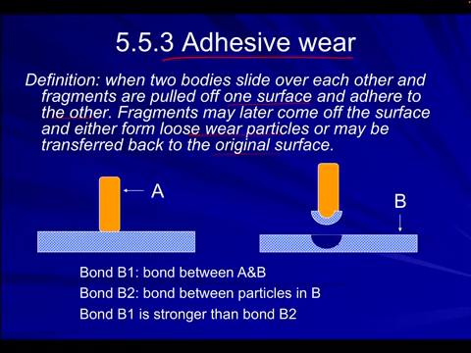So we've got component A here and also B down there, and we see that B bonds to A and is ripped out of B. So bond B1 is the bond between A and B. Bond B2 is the bond between particles in B. So B1 is stronger than B2.